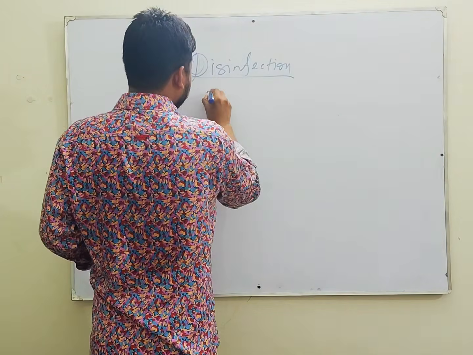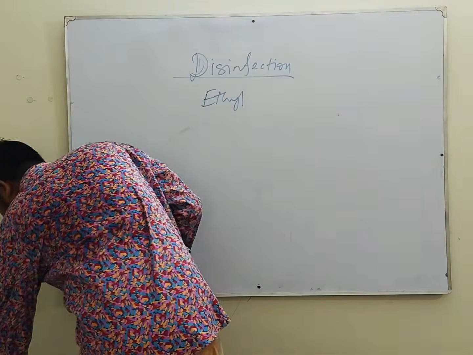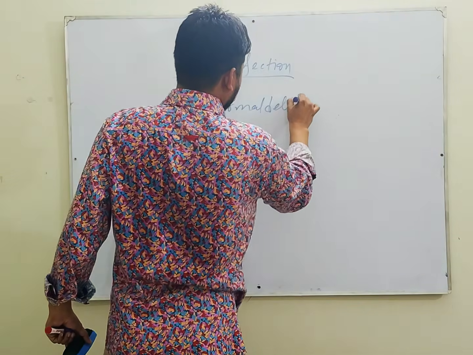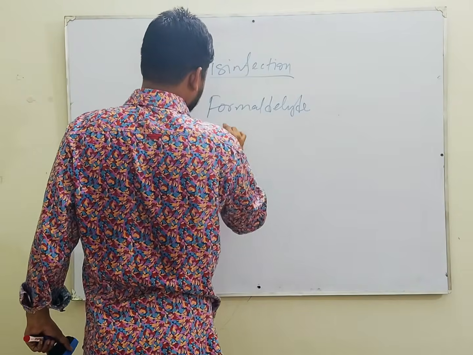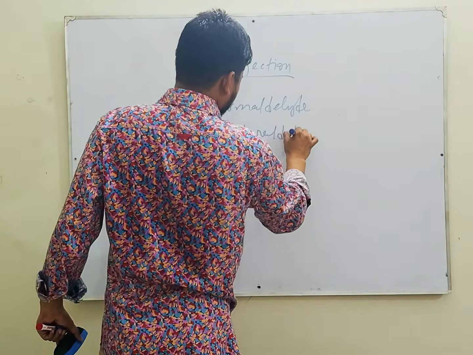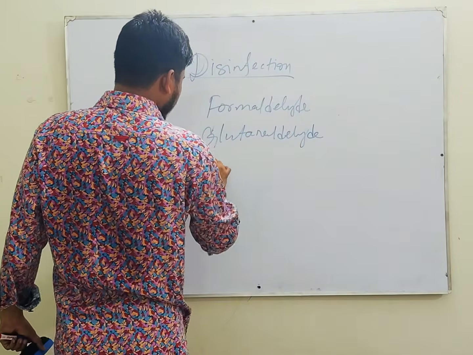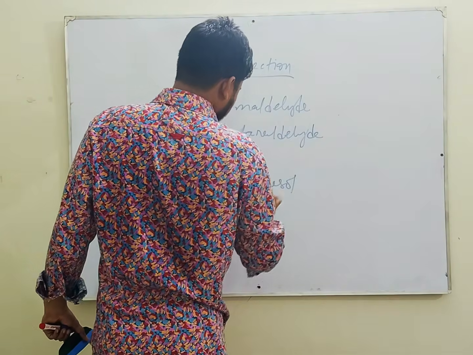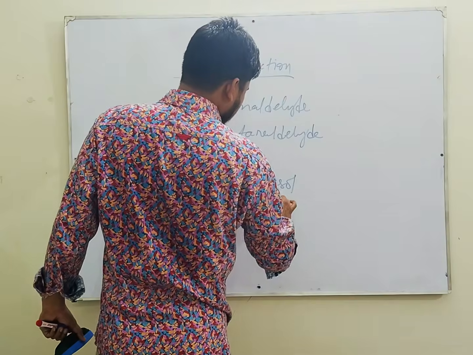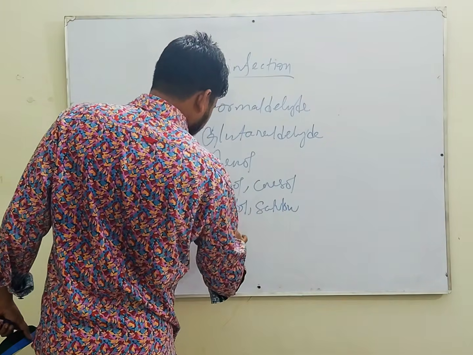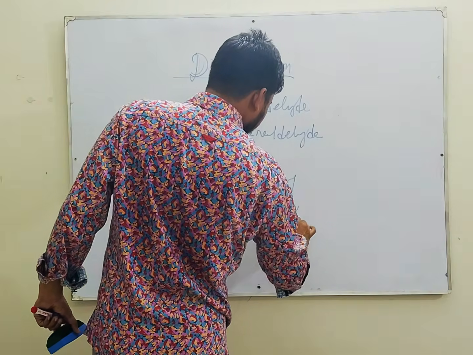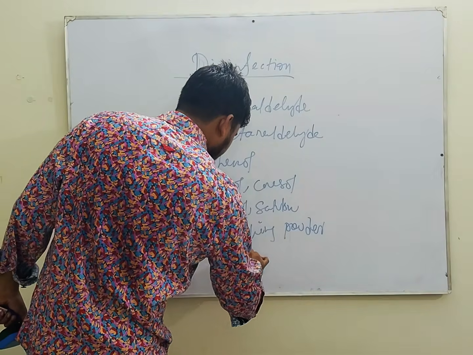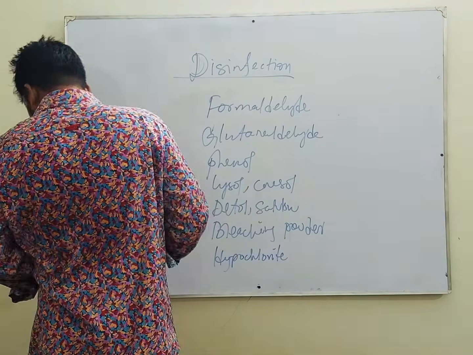So examples are formaldehyde, glutaraldehyde, phenol, Lysol, cresol, Dettol, Savlon, bleaching powder, hypochlorite, etc.